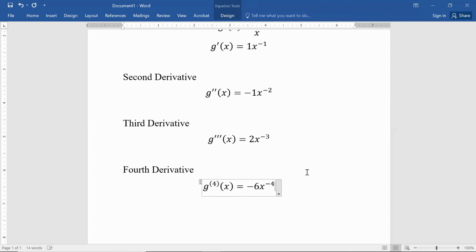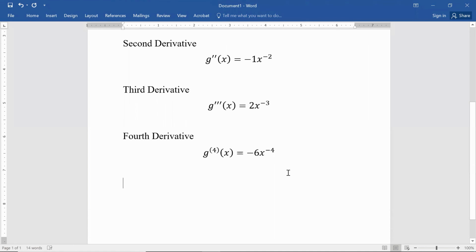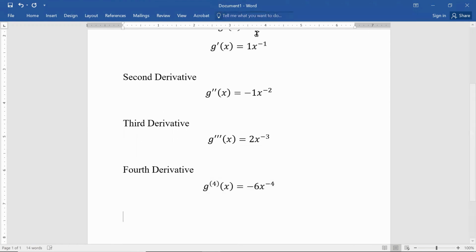One thing I want you to see is that if you keep on this pattern, notice what's happening. Each time the x has an exponent that's going down by 1, and we're switching back and forth between coefficients which are positive and negative.